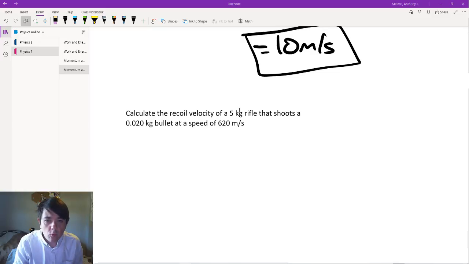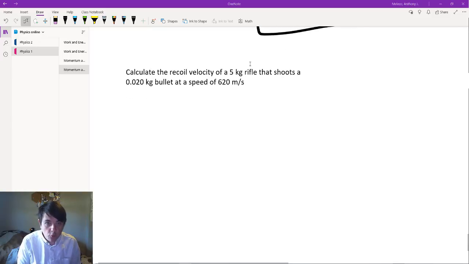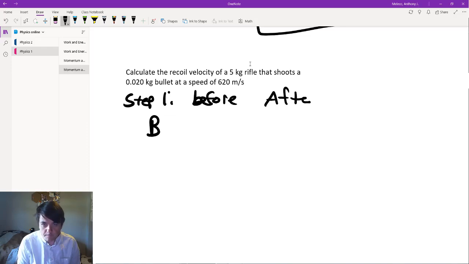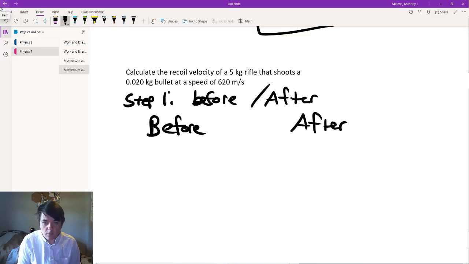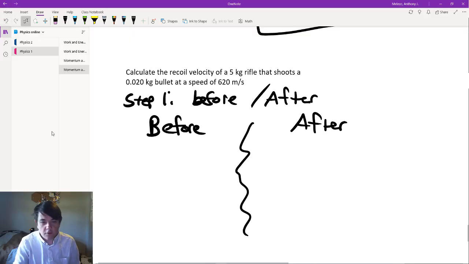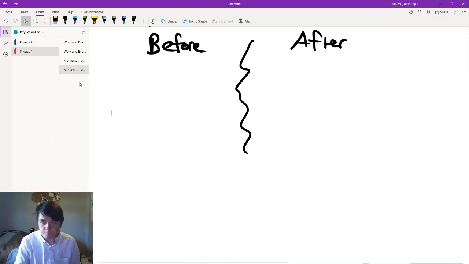So what we need to do is, again, step 1, before and after. So we have our before case, and we have our after the collision. I apologize for my drawing capabilities here.